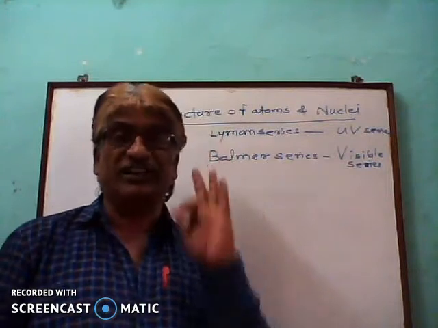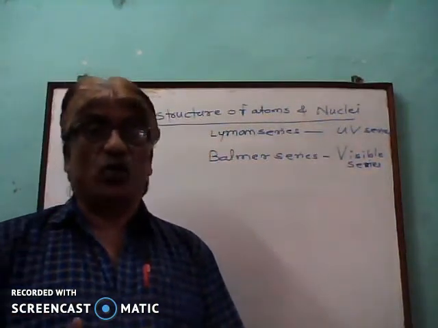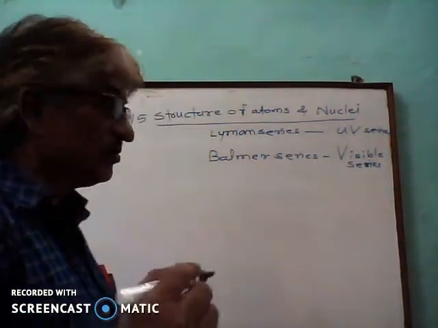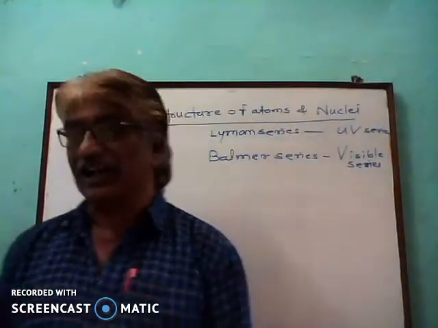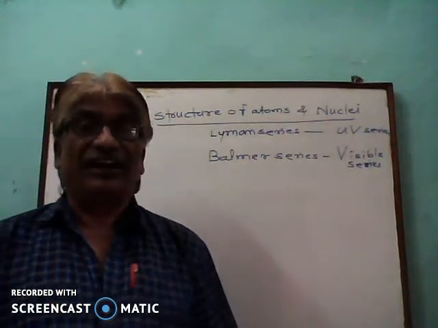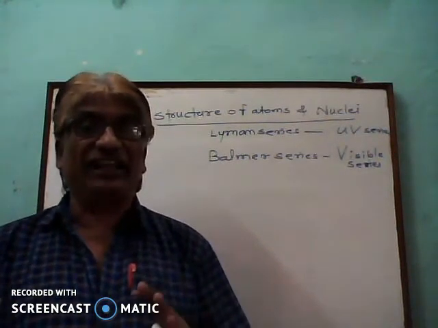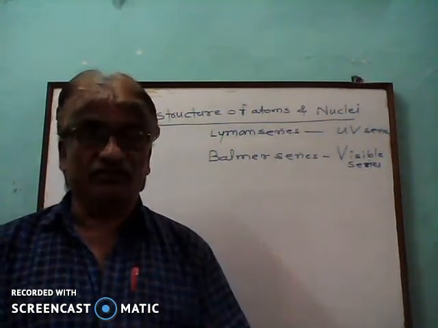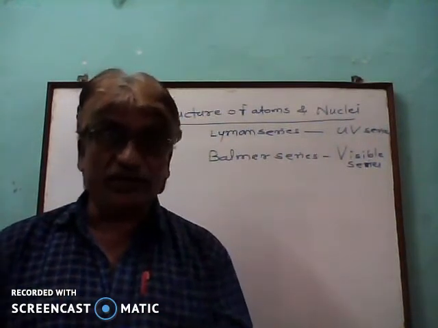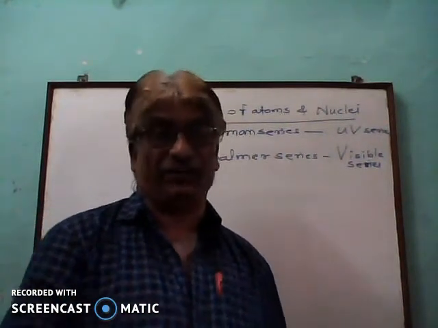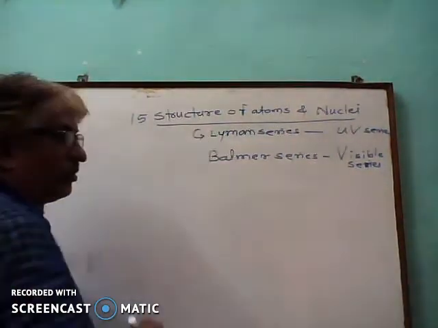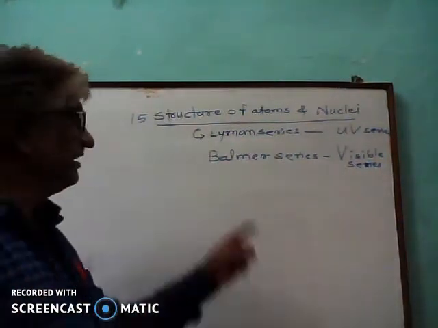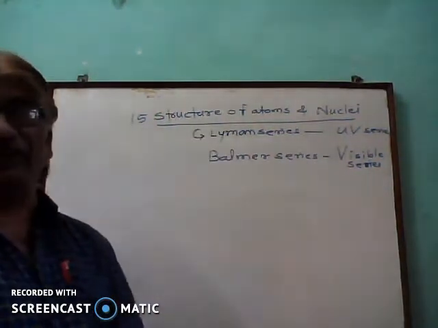So the first question that arises in our mind is, what is the Balmer series? A series arises from the transition of an electron from different outer orbits to the second inner orbit. When an electron jumps from an outer orbit to the first inner orbit, the series is said to be the Lyman series.